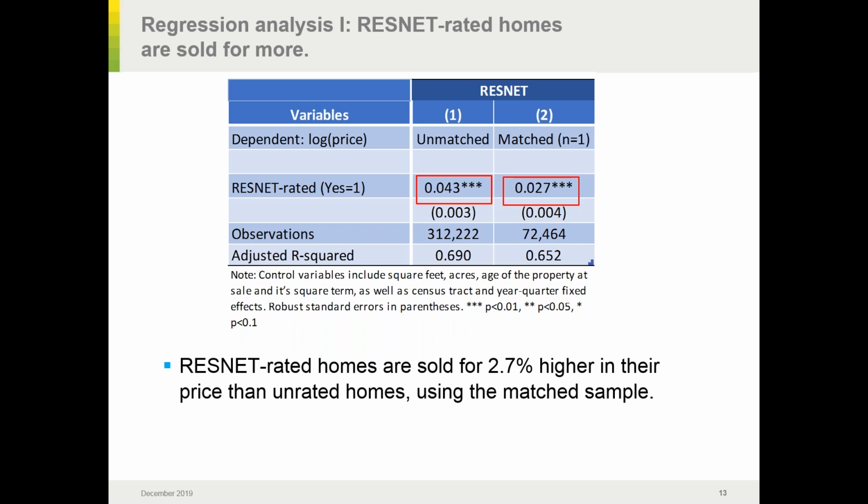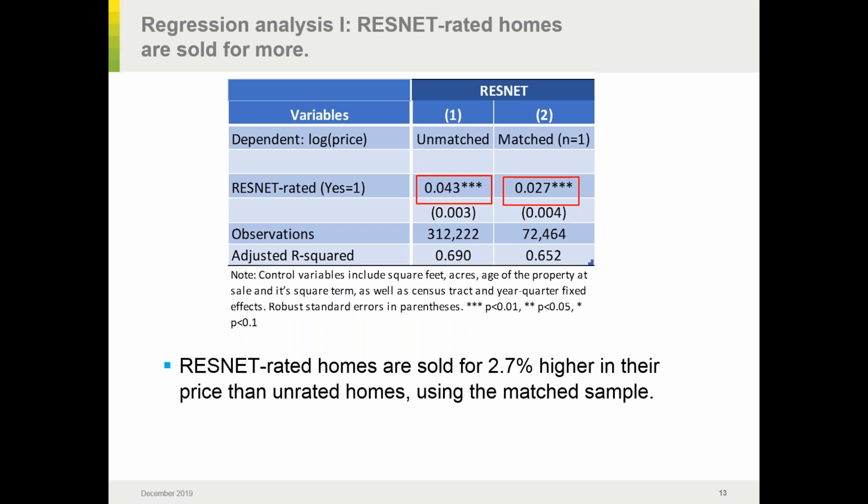When we look at the RESNET rated homes, the first column is if we just include controls for the property characteristics, such as we had on the prior slide of square footage, acreage, age of property, and some geography and time controls. We do see a premium of 4.3%.